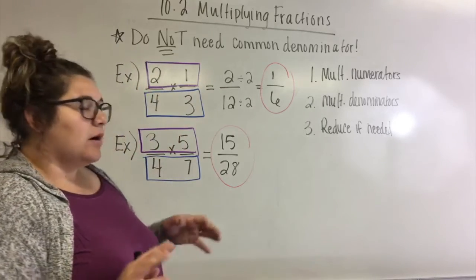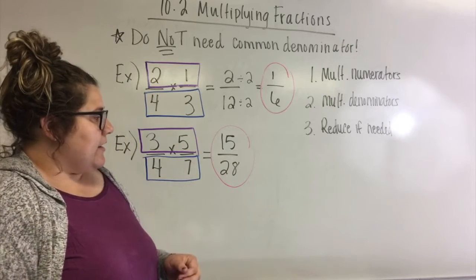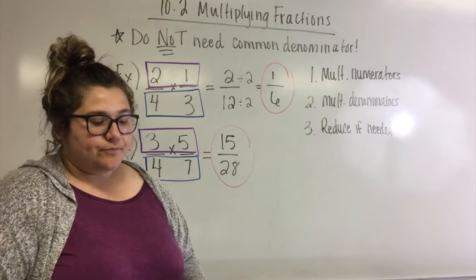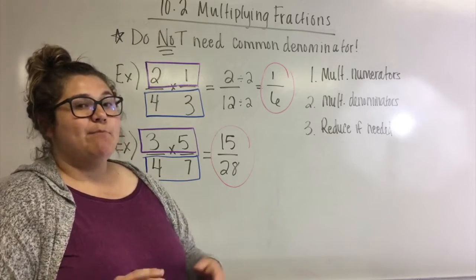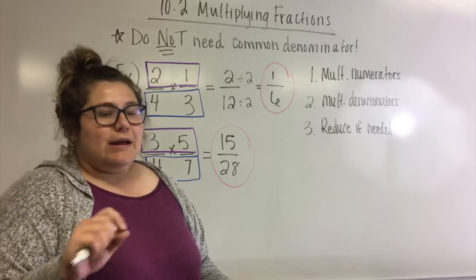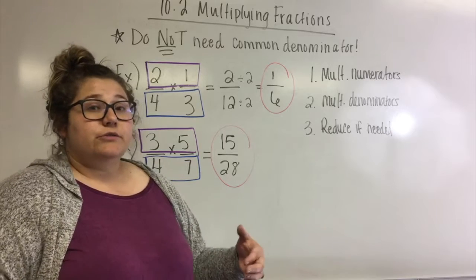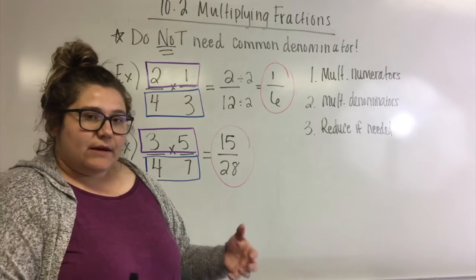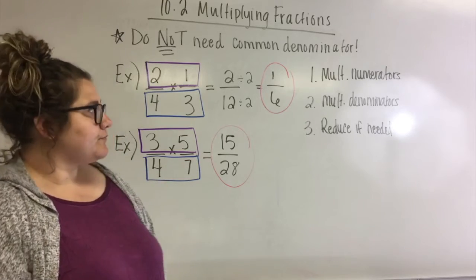So I'll give you a second if you're writing notes to get this down, and then I'm going to do one more problem where we may have to change the answer to a mixed number, because an improper fraction isn't what we're looking for. We're looking for the most reduced. So when we have an improper fraction, we need to reduce it to a mixed number.